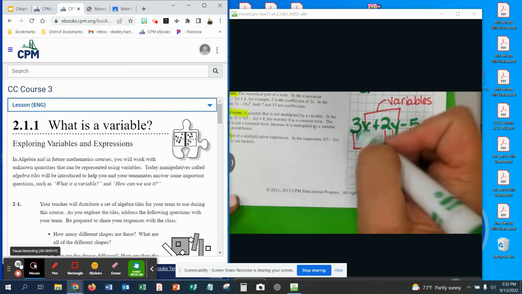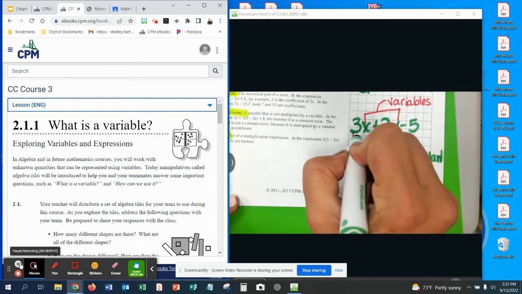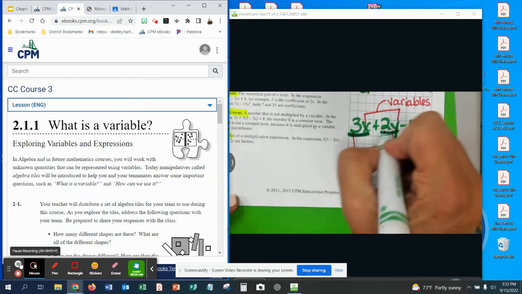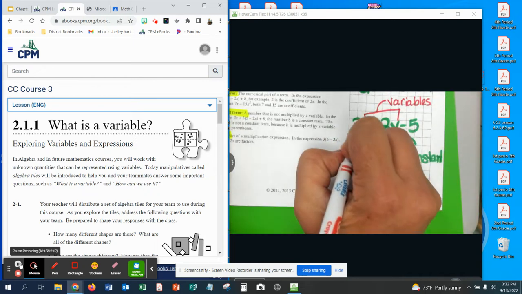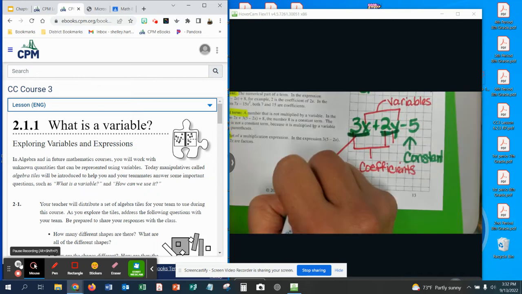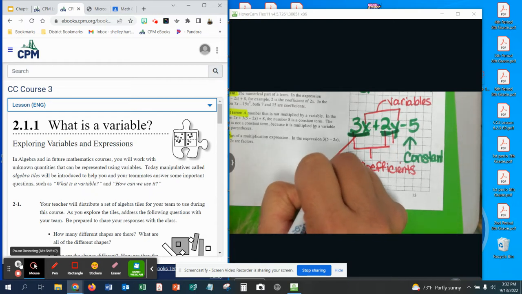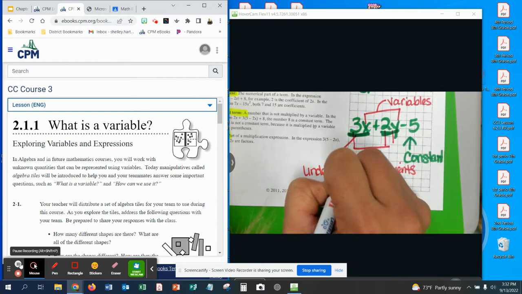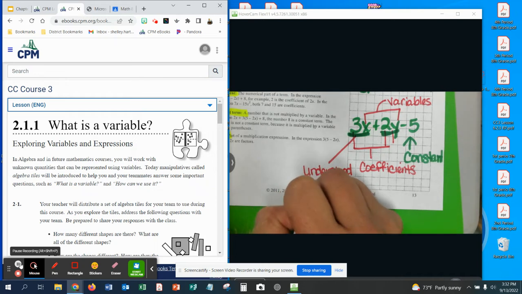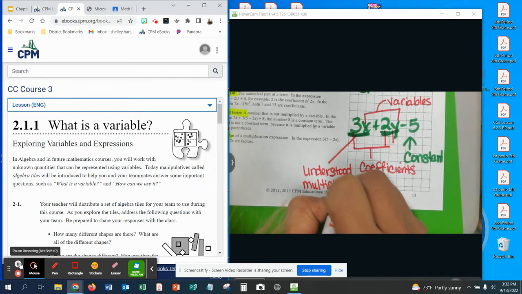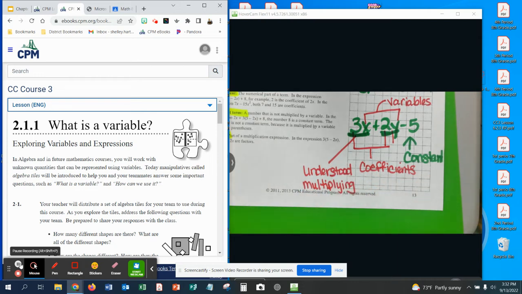So, coefficient, and when we see this, the 3x and the 2y, when they're right next to the x, this means an understood multiplying. All right, so this is the first part of the lesson.